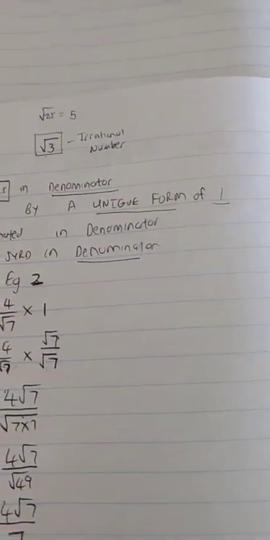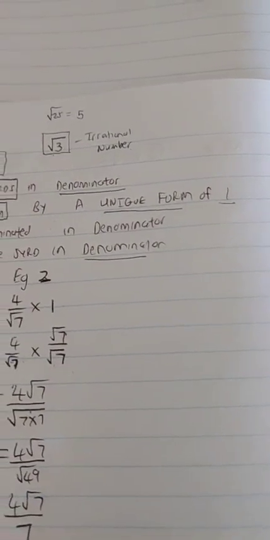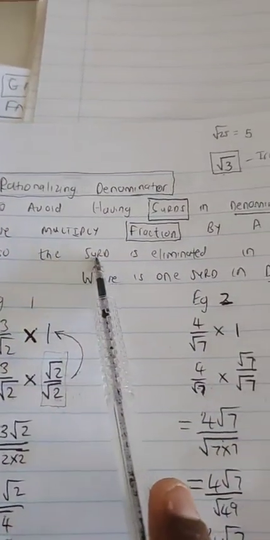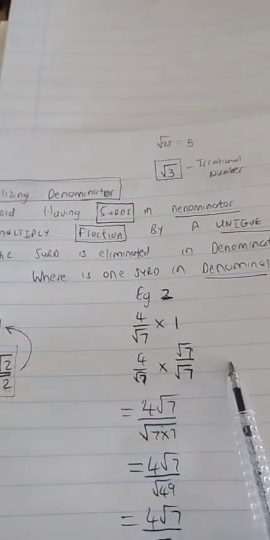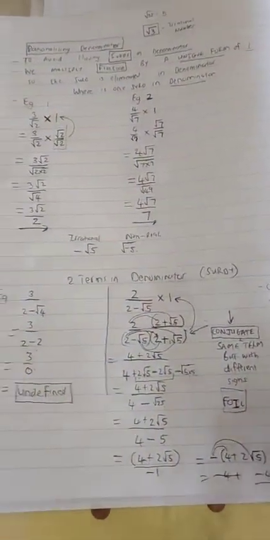Are we together? It does not change the number's character per se. So we do that so that we can do what? We are able to eliminate the surd in the denominator. Okay, I think that was the second time round explaining this thing.